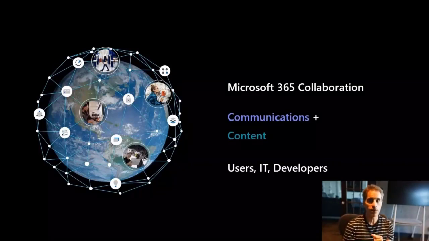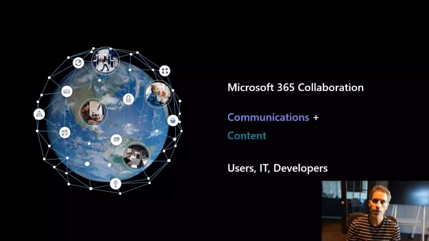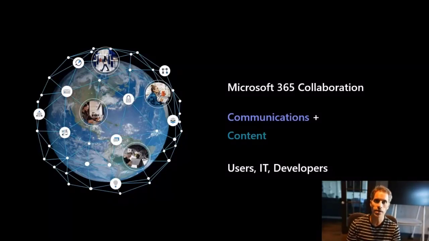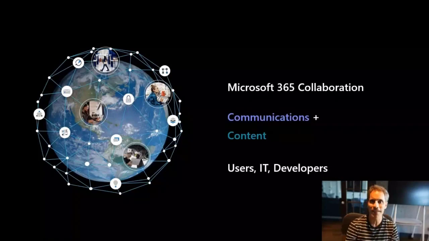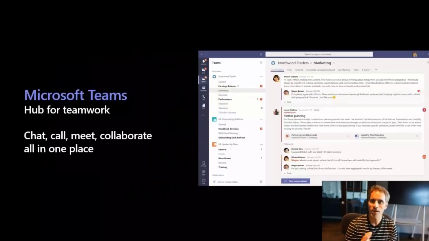So Teams for communication, SharePoint for content, integrated together for end users, developers, and IT. So pretty simple: communications plus content. Lots of people make it more complicated than that, but I like to try to make things as simple as possible. So let me go to the next level of detail.